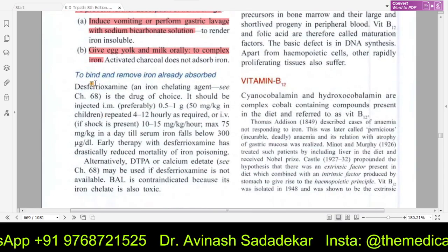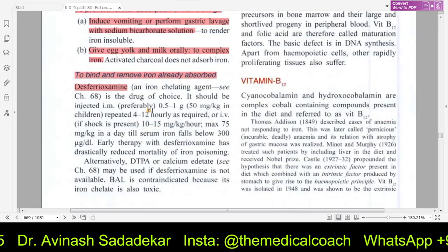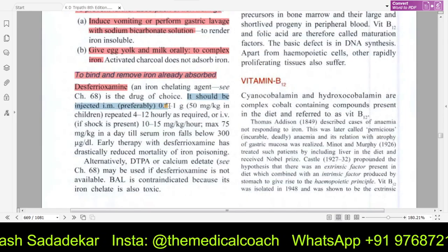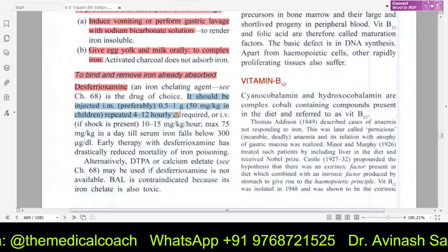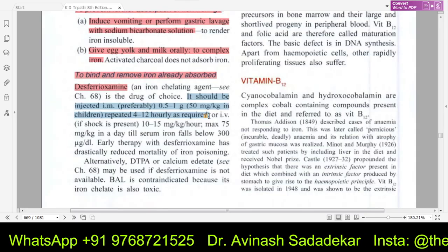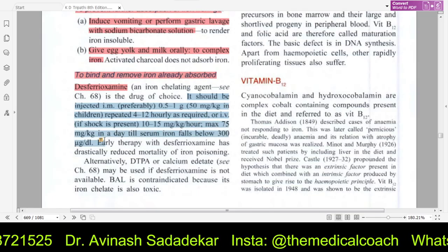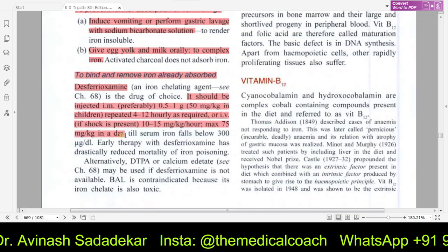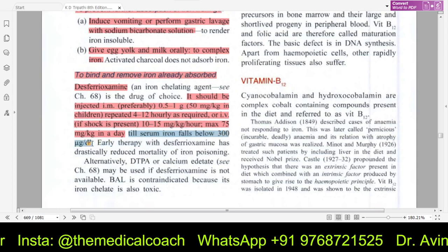What about the drug that is already in the blood? Here comes desferrioxamine. This is to be injected IM, 0.5 to 1 gram. Repeat 4 to 12 hourly as required, or if you are giving IV because the patient is in shock, 10 to 15 mg per kg per hour, max of 75 mg per kg in a day, till iron starts to fall below 300 microgram per deciliter.